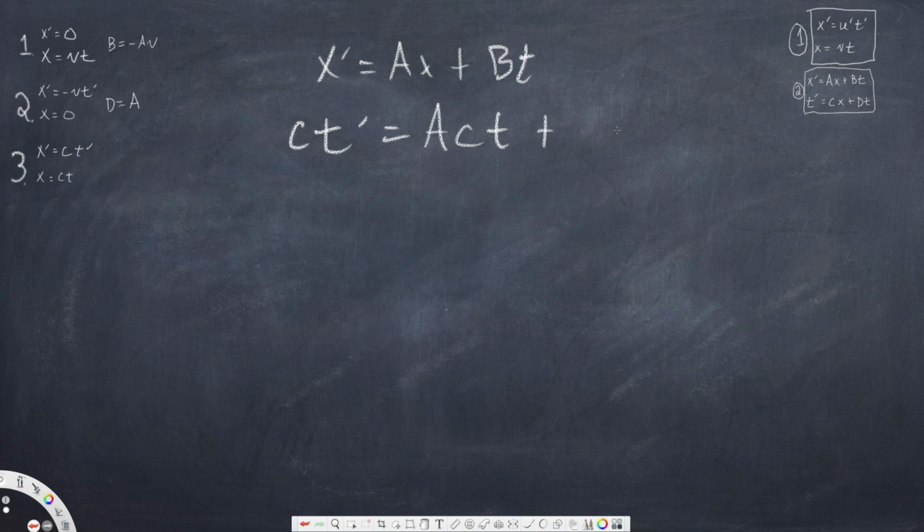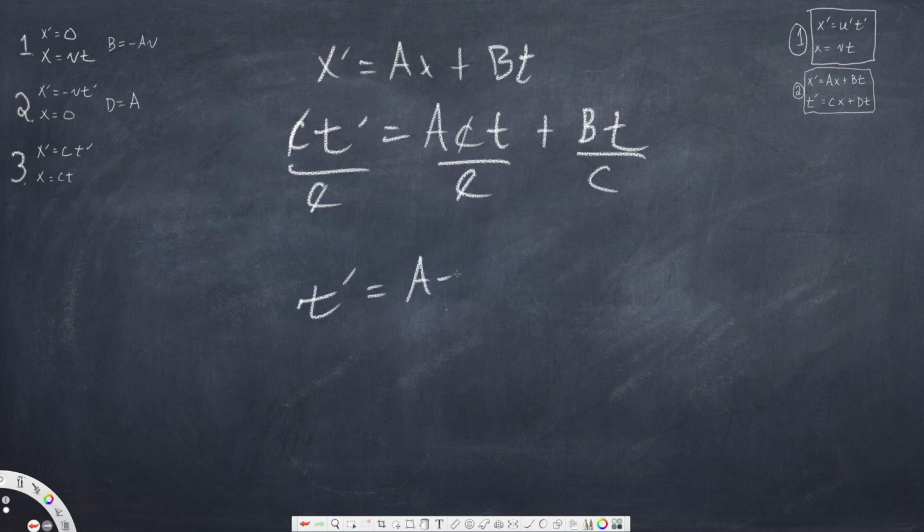act plus bt. We will solve for t prime by dividing both sides by c. These c's cancel, these c's cancel, and we get t prime equals at plus b over c t.